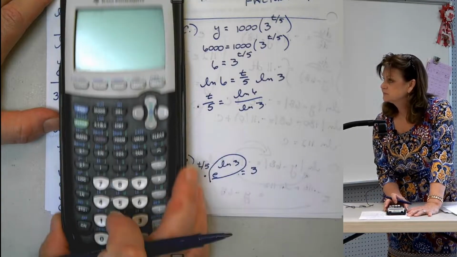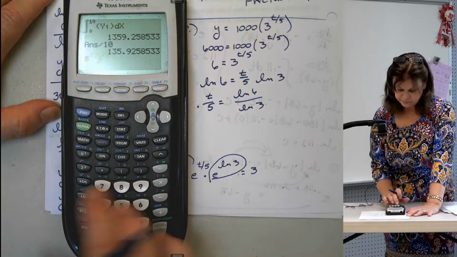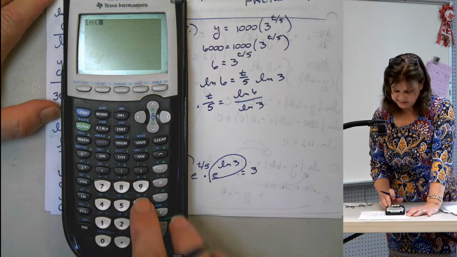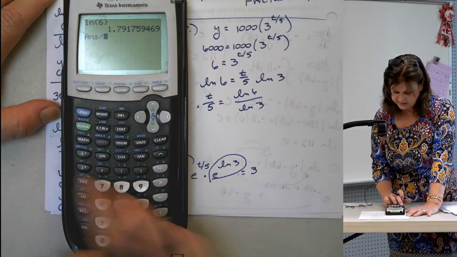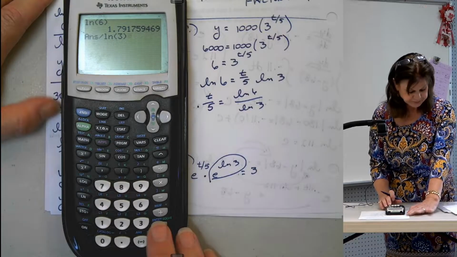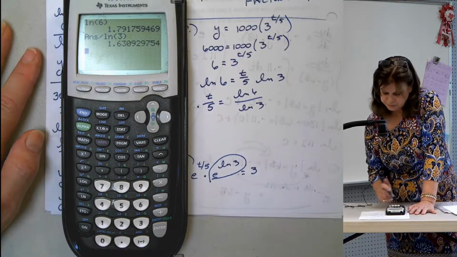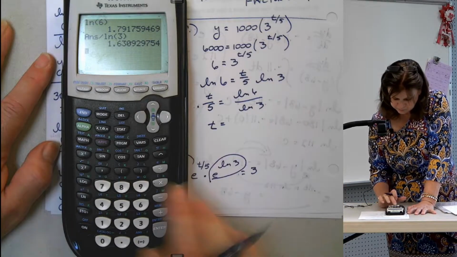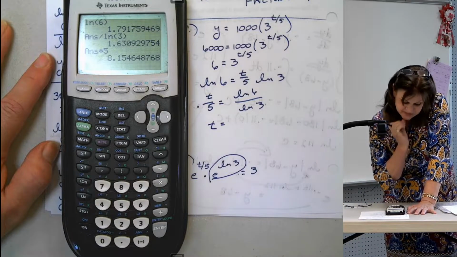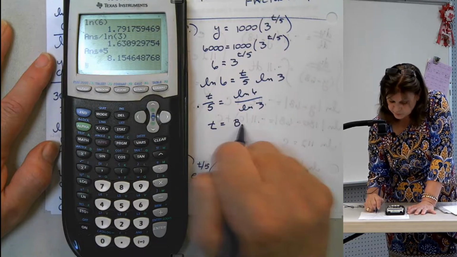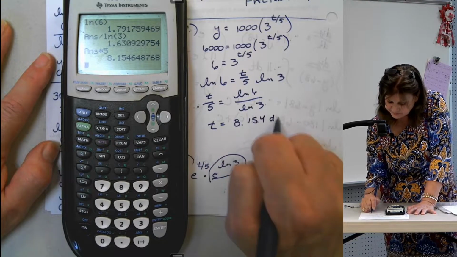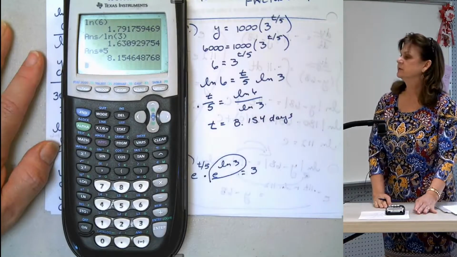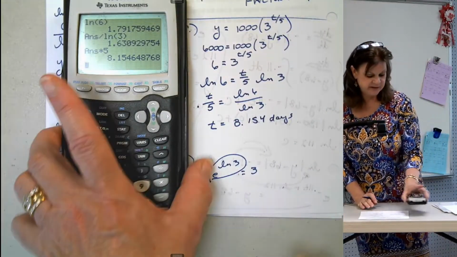It's just 5. Okay? So ln 6 divided by ln 3 times 5. So it's going to take 8.154 days for the bacteria to increase by a factor of 6.